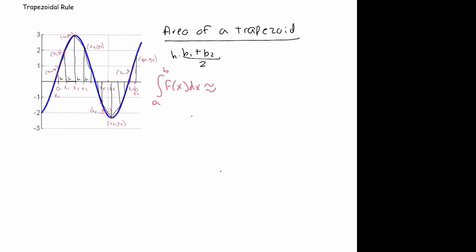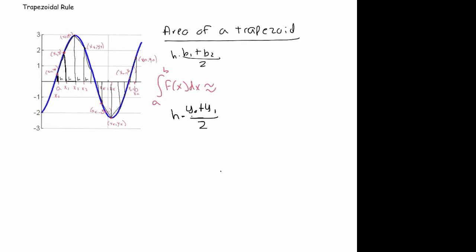So the first trapezoid has an area of h times the sum of the bases. Well, the first base is y sub 0, and the second base is y sub 1, right? You can see that here and here. So it's going to be h times y sub 0 plus y sub 1 over 2.